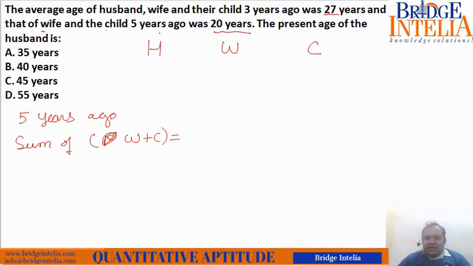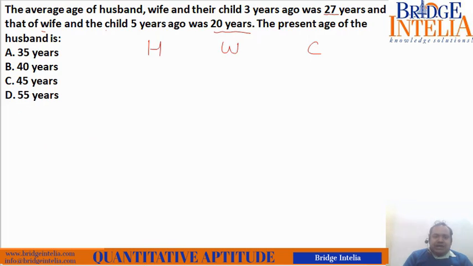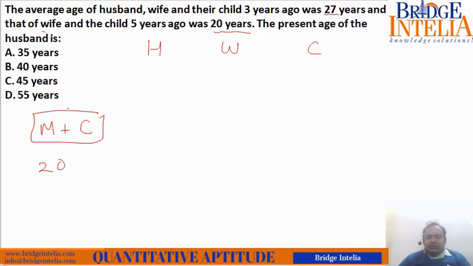Now please understand, you can use a shortcut here. If 5 years ago the average was 20, what would be the current average? The current average would be 25. 5 years ago mother and child, their average was 20. Currently, that means 5 years later, each of them would have aged by 5, so the average also changes by exactly 5.